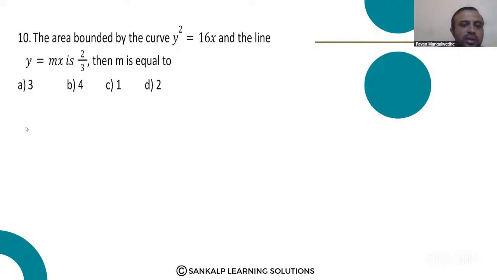Then m is equal to what? Try to solve this. Again, I'll give you 1 minute. Sorry, I cannot give anyone 1 minute. Just try to solve it in a short spare of time.